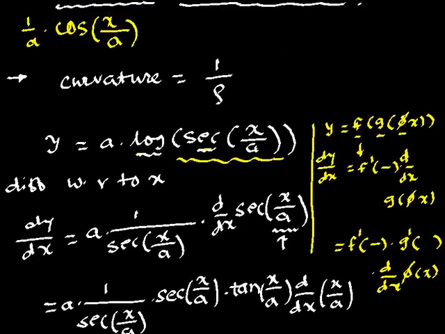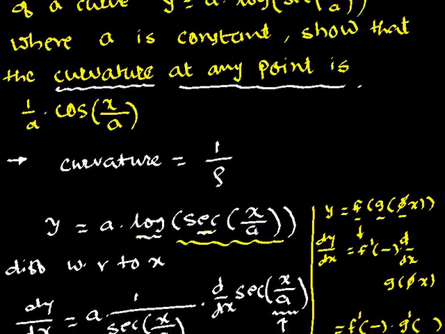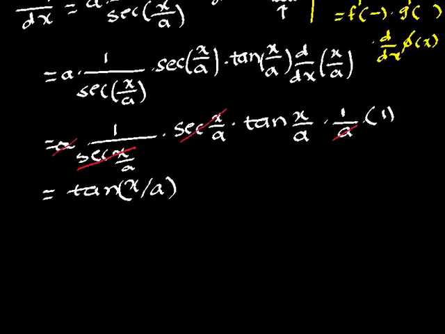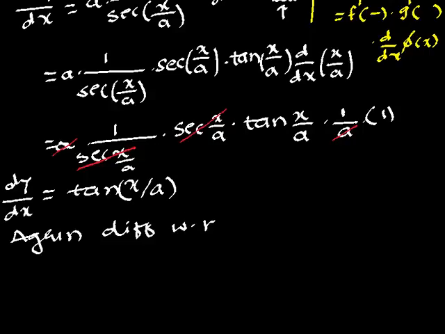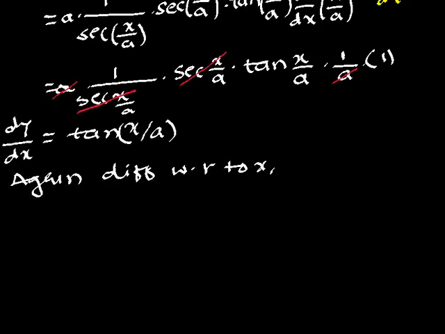Since we have not been provided with any point, this is the value of dy by dx. Now differentiate again in order to get d2y by dx square. Again differentiate with respect to x. Here also we will use the chain rule. This is the first function, this is the second function.